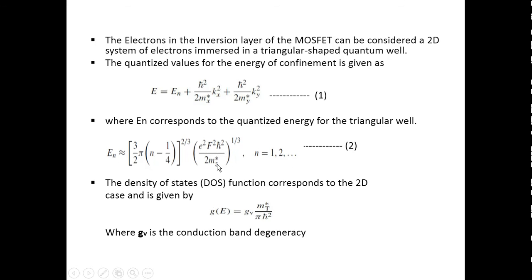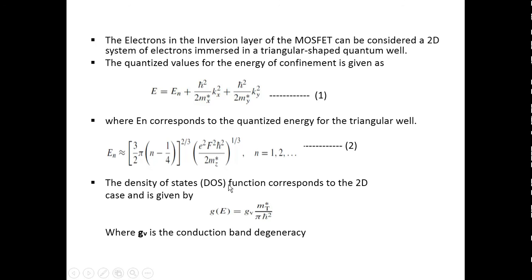This is the energy En for a two-dimensional quantum well, and with this expression we get the total energy for the quantum confinement of a triangular shaped quantum well. Here En is approximately given by this equation.